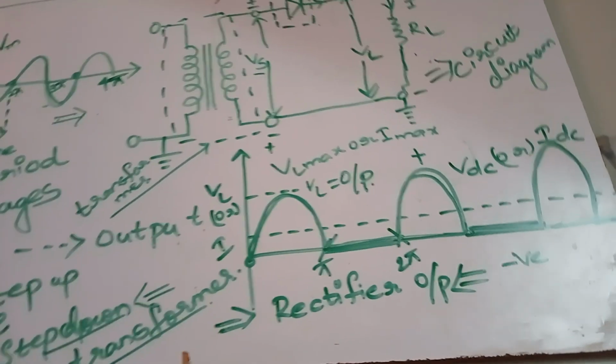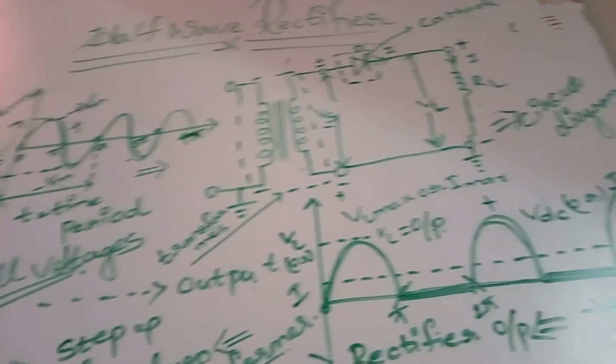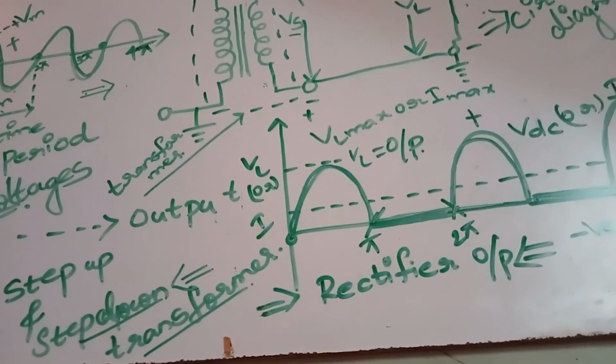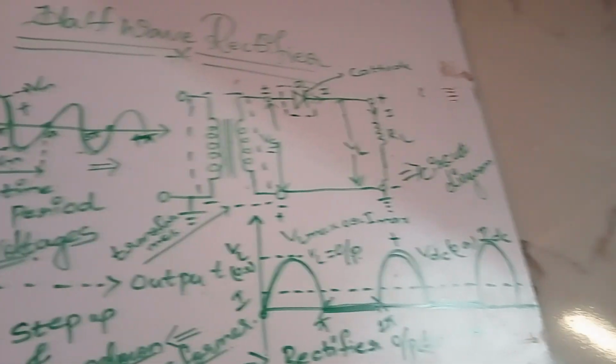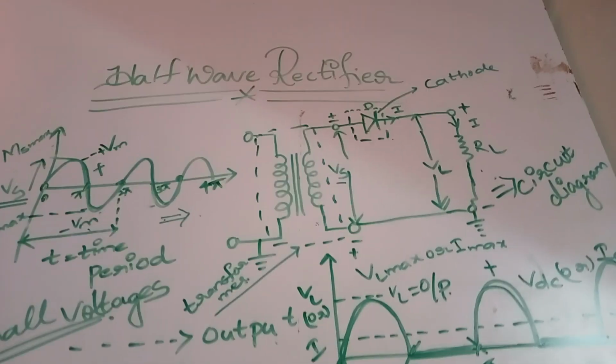So here I would like to conclude that the input we are giving is AC, and the half wave rectifier will give the output as pulsating DC, DC voltage or DC current. So this is the circuit diagram of the half wave rectifier.